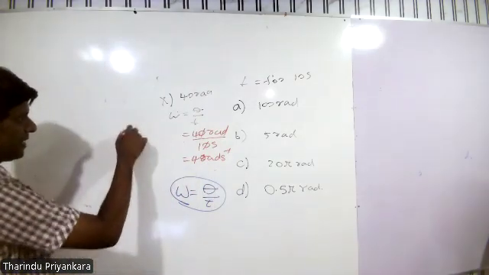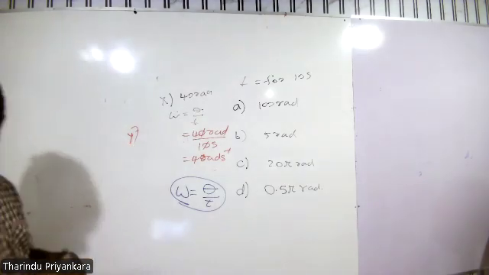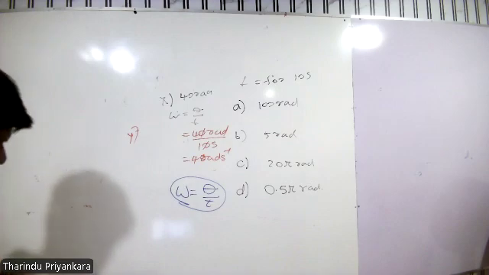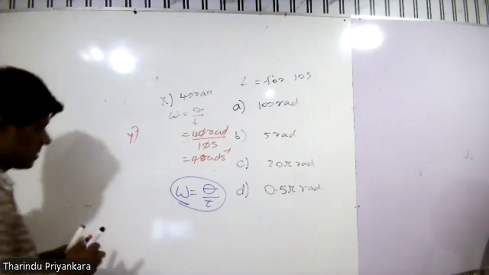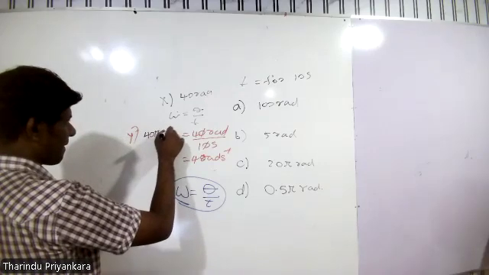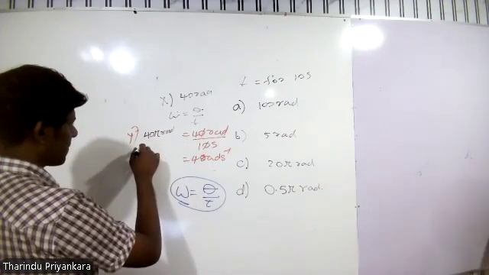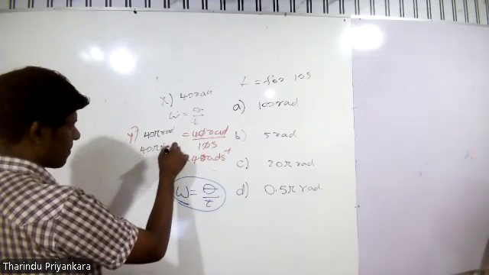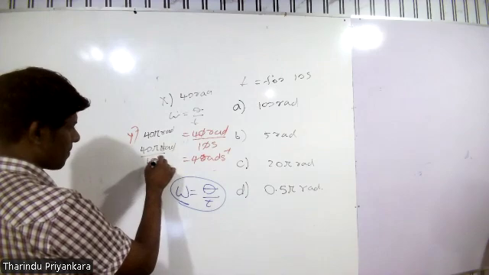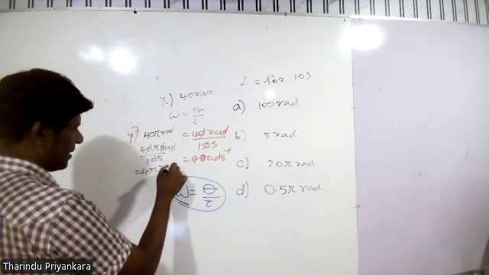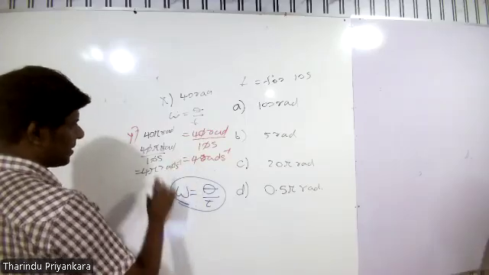Another example: 45 rad, which gives 4 pi rad s minus 1.